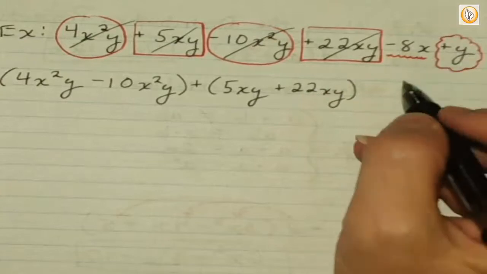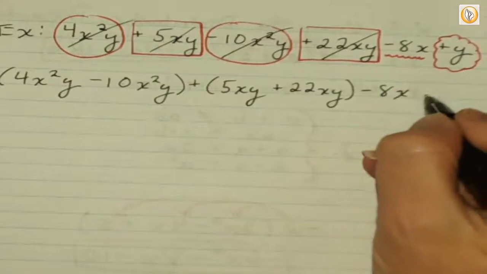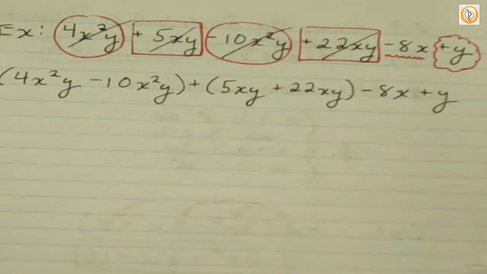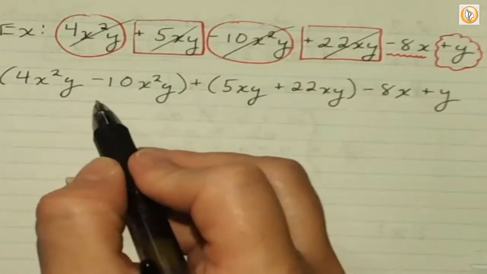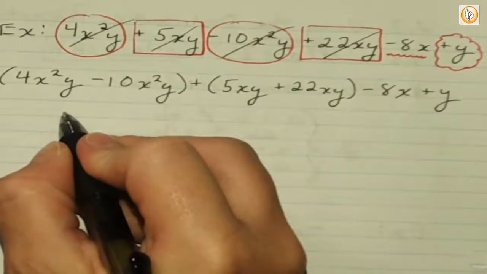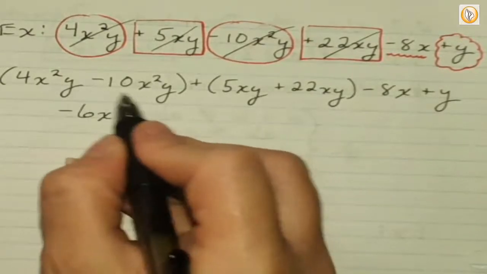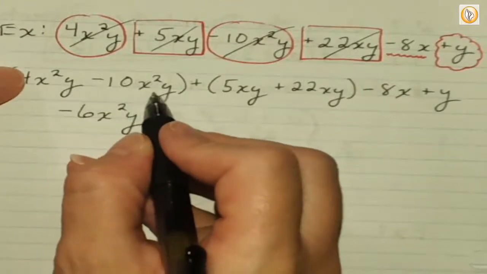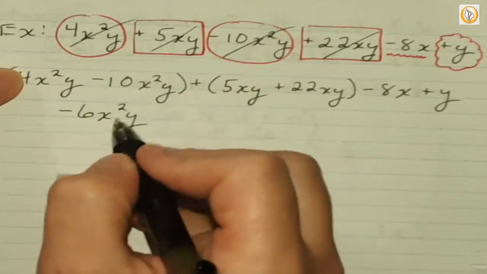And then these don't combine with anything, so I'm just going to bring them down. Minus 8x plus y. All right, Taylor. 4x squared y minus 10x squared y. Negative 6x squared y. Y'all notice when you're adding and subtracting, do the variables change? They do not. Y'all see that?